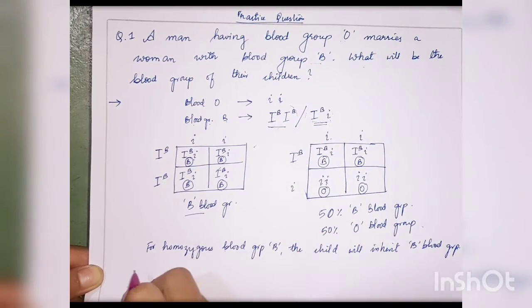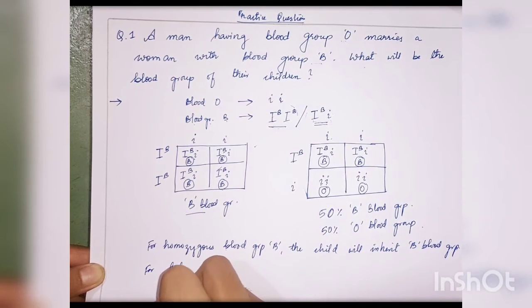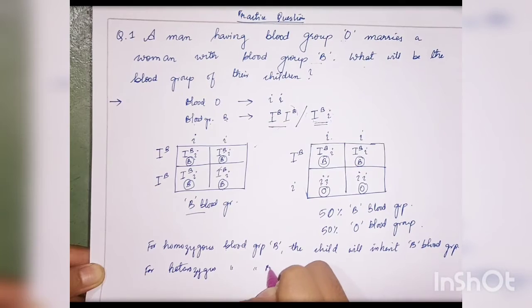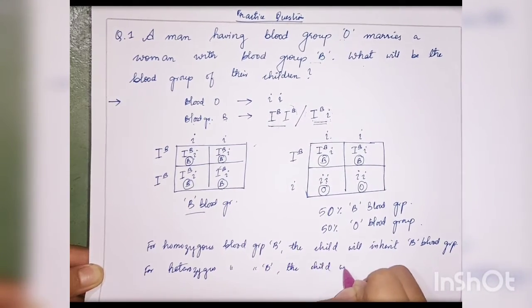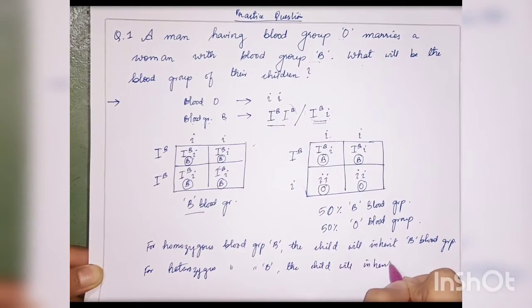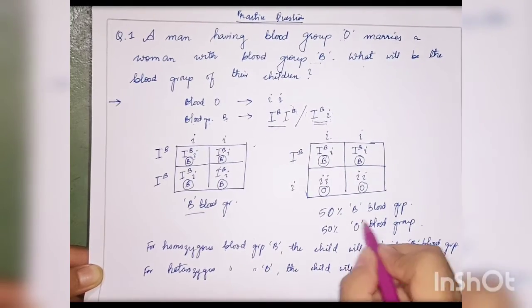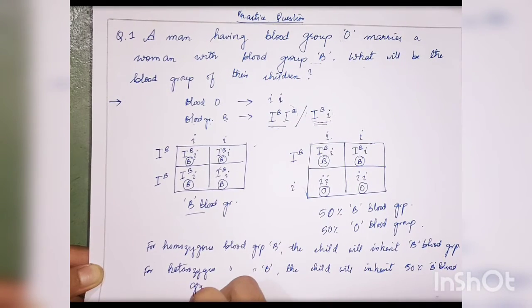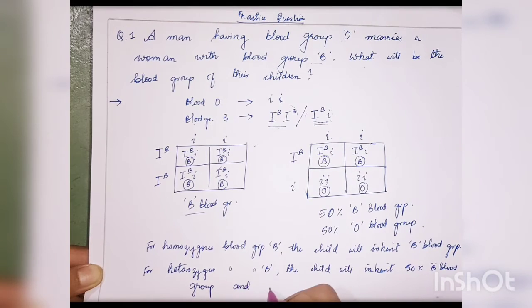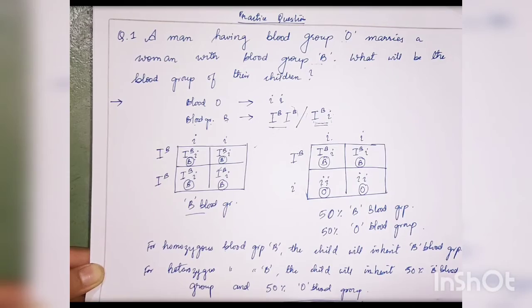But for heterozygous, if the mother has heterozygous blood group B, then the child will inherit 50% B blood group and 50% O blood group. So this is the answer.